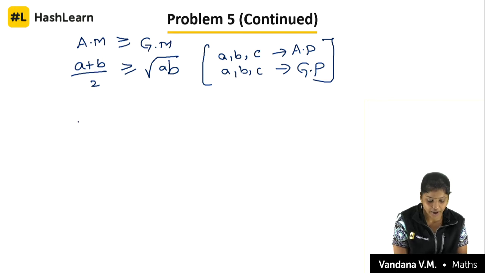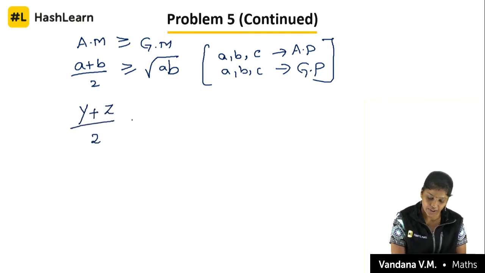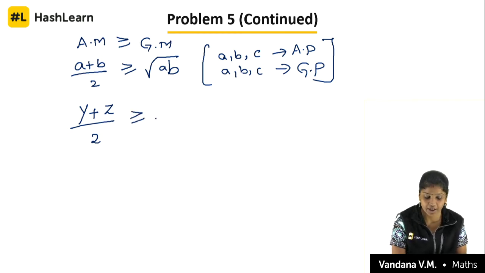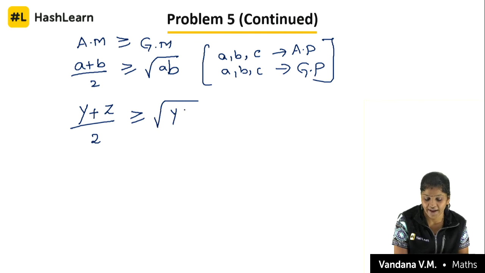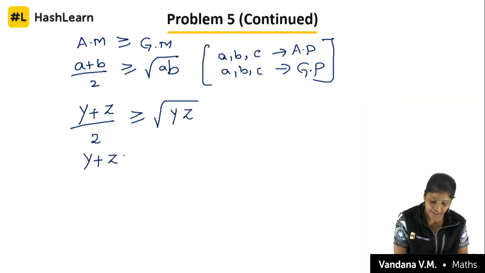So according to it, it becomes y plus z by 2 is greater than or equal to root yz. Now multiply this. So y plus z is greater than or equal to 2 root yz.